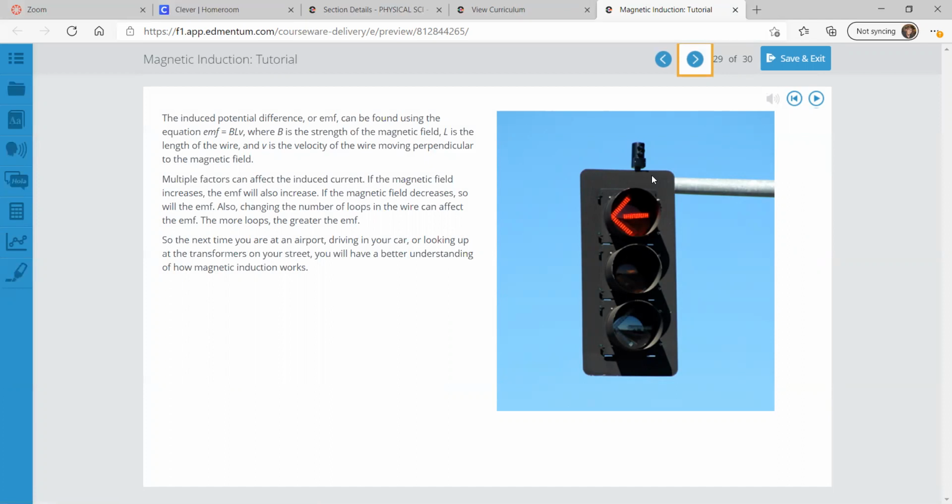If the magnetic field increases, the EMF will also increase. If the magnetic field decreases, so will the EMF. Also, changing the number of loops in the wire can affect the EMF. The more loops, the greater the EMF.